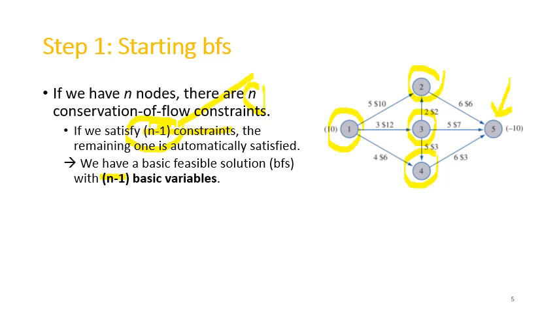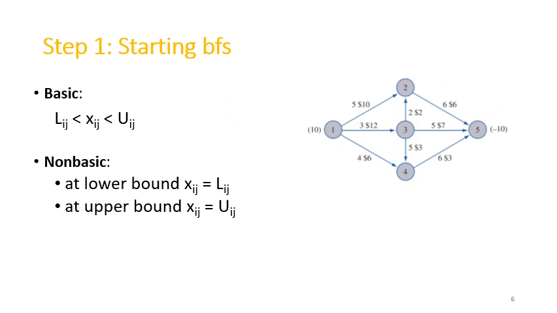To have a basic feasible solution, we need to have n minus 1 variables, with n being the number of nodes in the network.